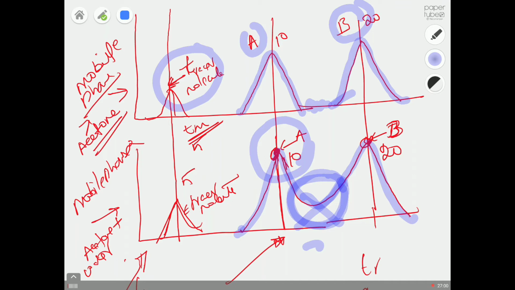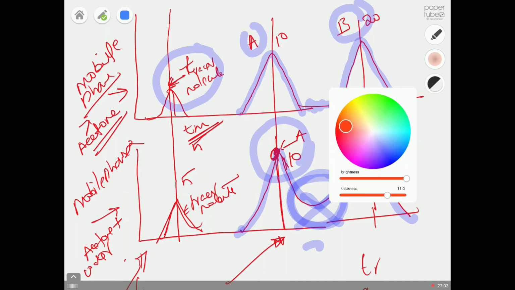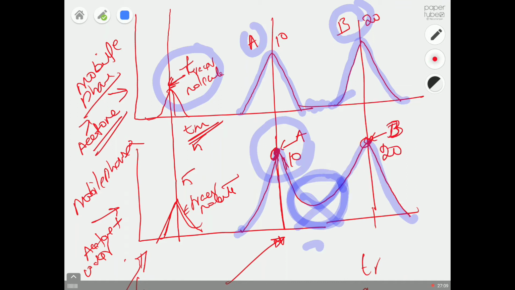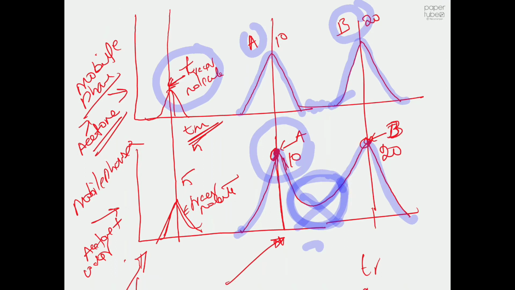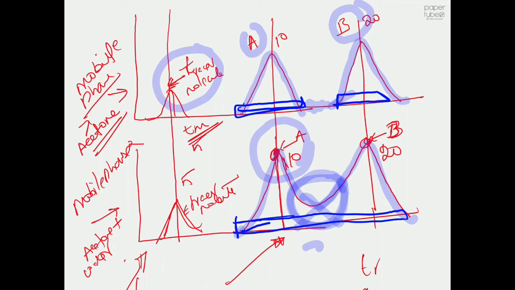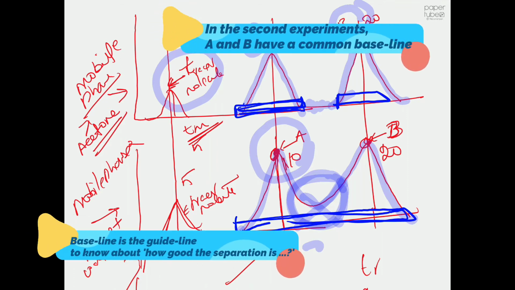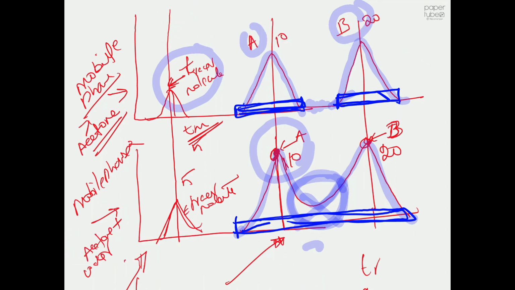If you look at this image, just look at the blue line here. If you see the width at the bottom here, and the width somewhere here, and then again the width, both A and B have a common width in the second experiment, whereas in the first experiment you have a clear width for A, and also for B we have a separate width.